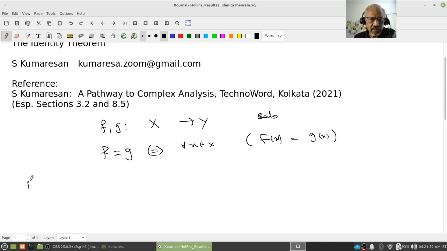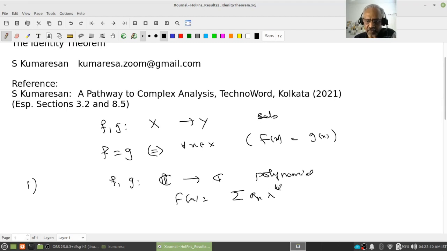The first example: suppose f and g are polynomials from C to C. That is, these are polynomial functions, f(x) equal to the sum of a_k x^k for k equal to 0 to m, and g(x) equal to the sum of b_k x^k, where k is from 0 to some n.